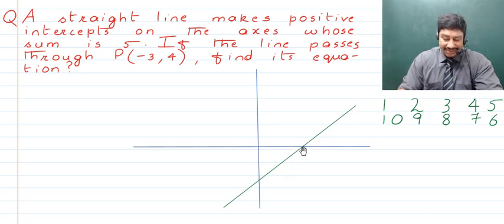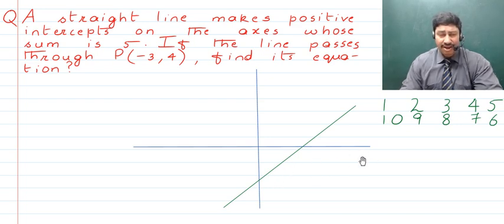So if you find out its distance from the origin, it will be the x-intercept. And as you see, it is on the right hand side of the origin, so it will be positive. However, if you talk about the y-intercept, that is the distance of the point of intersection of the straight line with the y-axis from the origin, you find that it is below the origin, or in other words, it is negative. So this case cannot be considered.